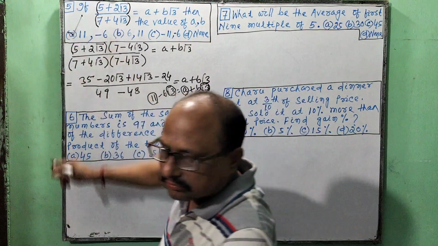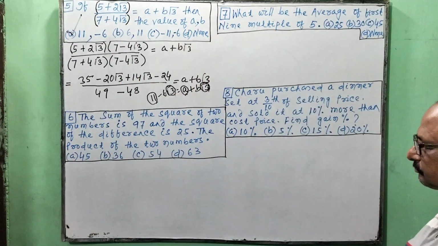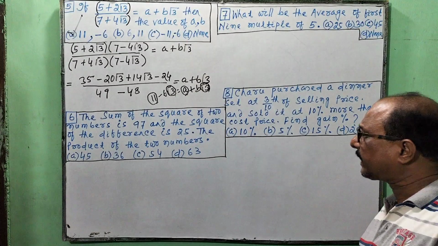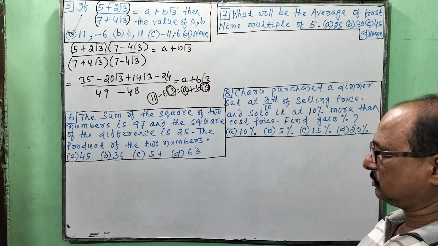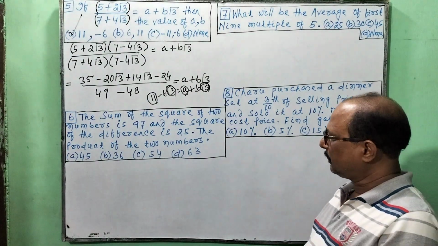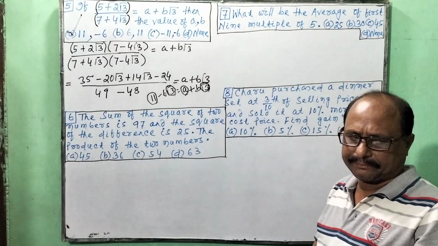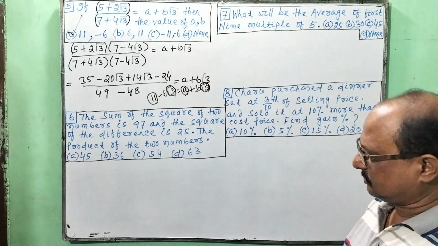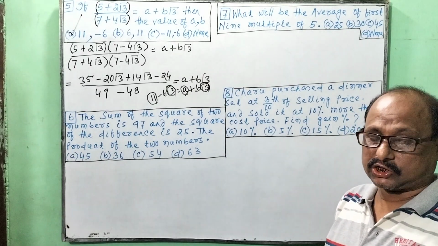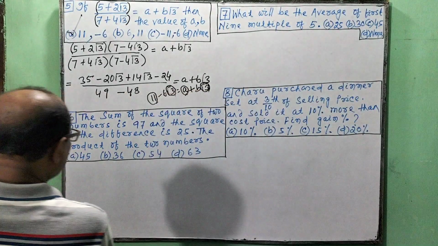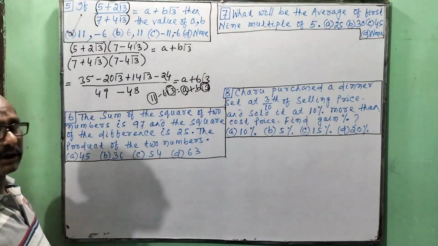Our answer is here. Next, the sum of the squares of two numbers is 97 and the square of the difference is 25. The question asks for the product of the two numbers. Fine, suppose one number is x and the other number is y.